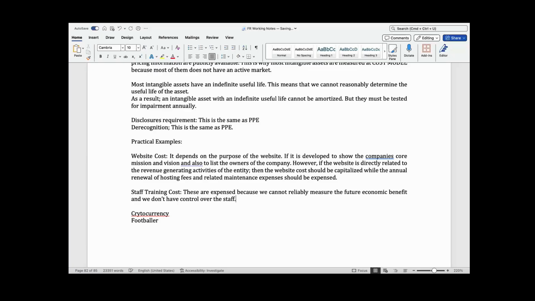So another key element is control, which is part of the recognition criteria anyway. We don't have control over this. They can leave anytime.